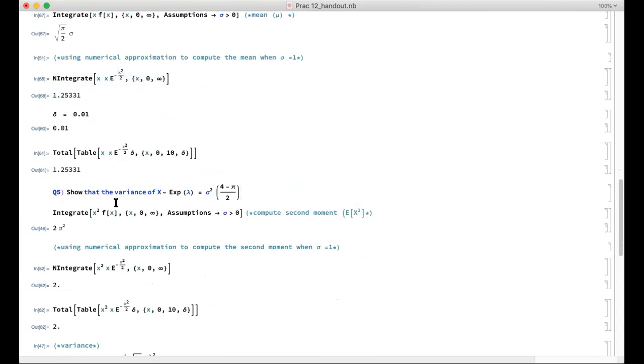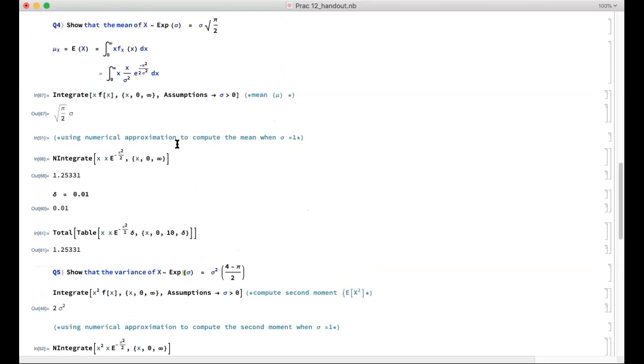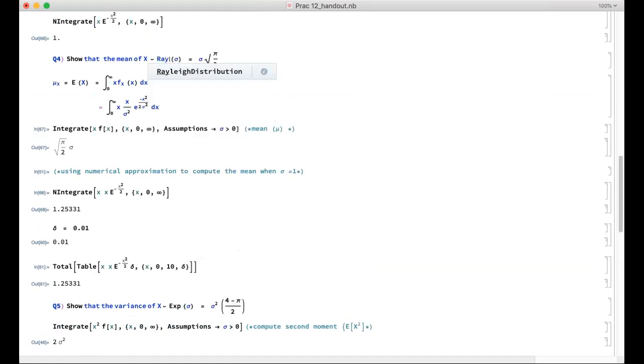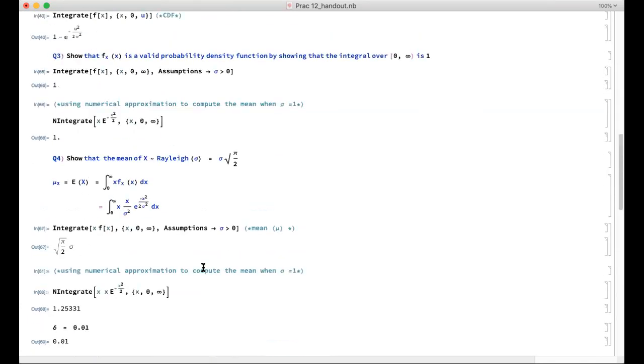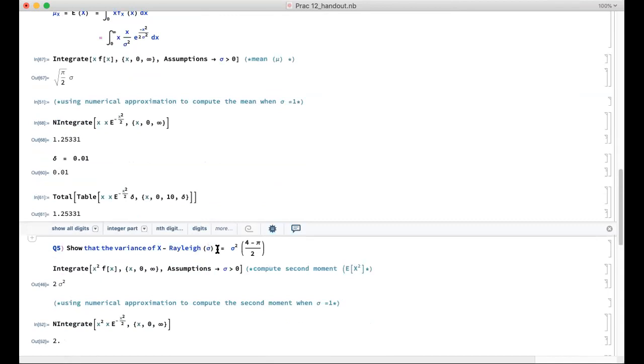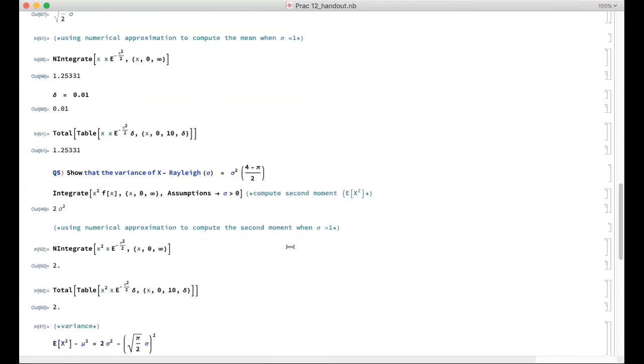And then the next question is show that the variance of x, actually this should be, okay, show that the variance is this expression.